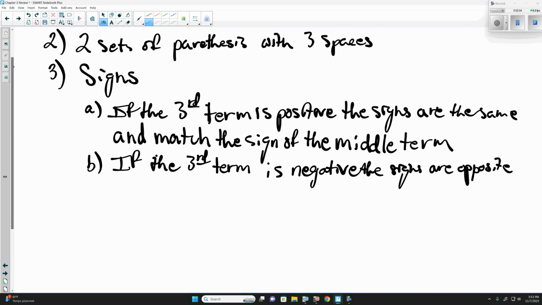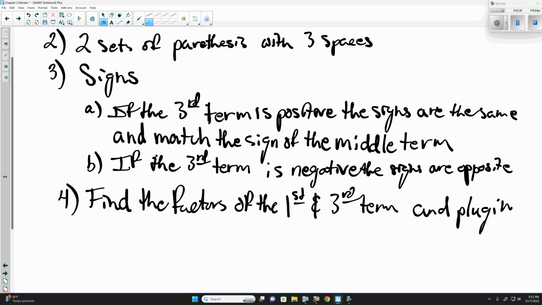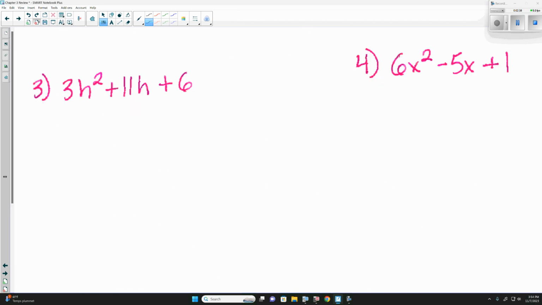Once we finish finding the signs, we need to find the factors of the first and third terms, and plug in. And the last step is to check. So those are all the steps for factoring.